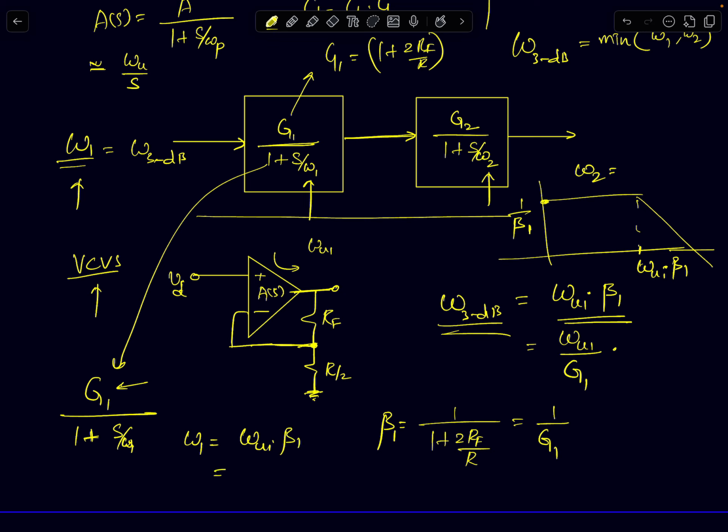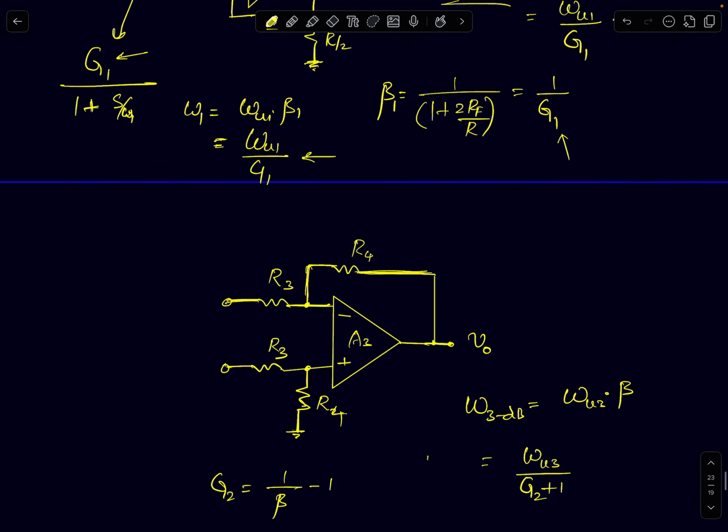Since beta 1 is the feedback factor, as we saw in the previous lectures, it can be written as 1 by 1 plus 2 RF by R, that is 1 by the gain of the first stage. So the 3 dB bandwidth of the first stage is given by the op amp's unity gain frequency divided by G1.